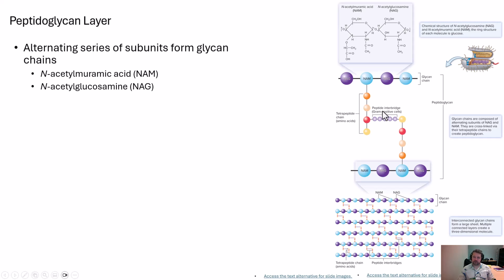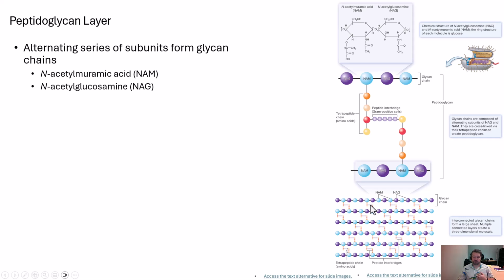So penicillin breaks that peptide interbridge, and so it doesn't allow that bridge between these two to form. And so instead of a scaffolding of multiple glycan chains, like you can see here, instead of them being linked together, the penicillin will come in here and cut these and not allow them to form.